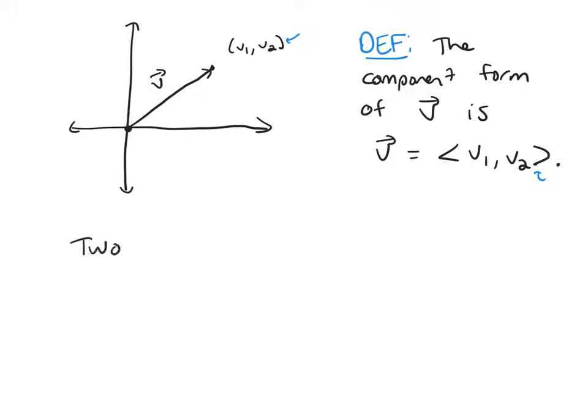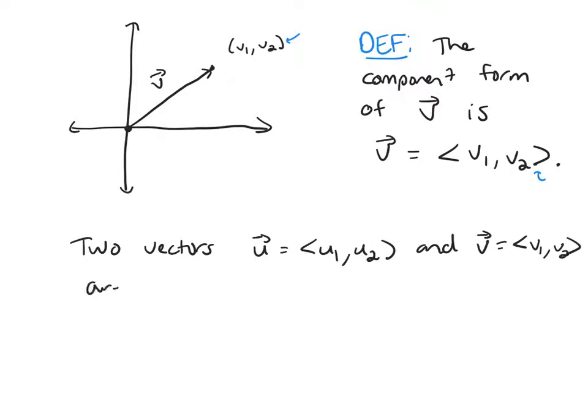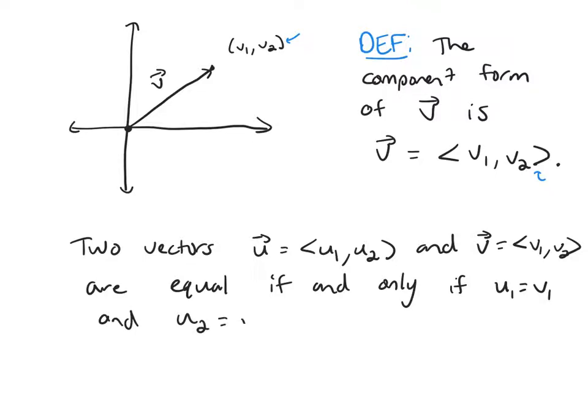So we can say two vectors u and v are equal if and only if the first entries match, so u1 equals v1, and the second entries match, u2 equals v2.